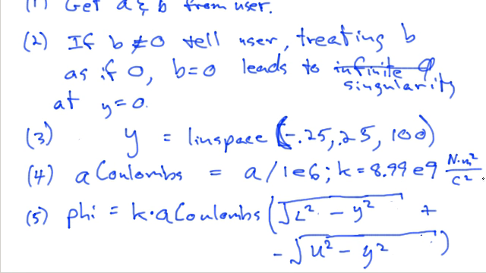Then what else we got? L, U, I got K A coulombs, K A coulombs, L and U and Y taken care of, and then plot.